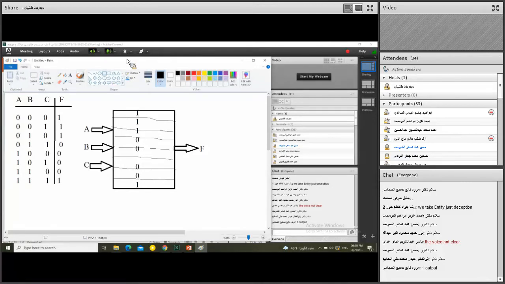The only thing is that we must write the values of the logic function in this memory.